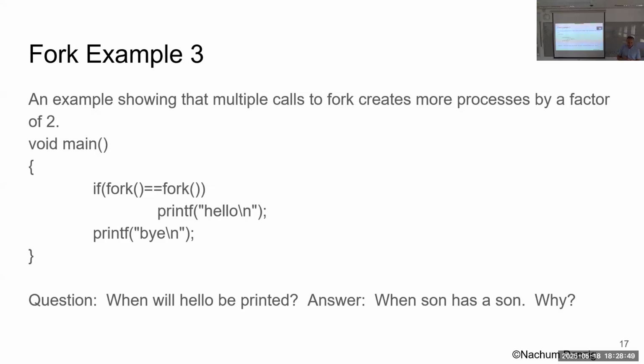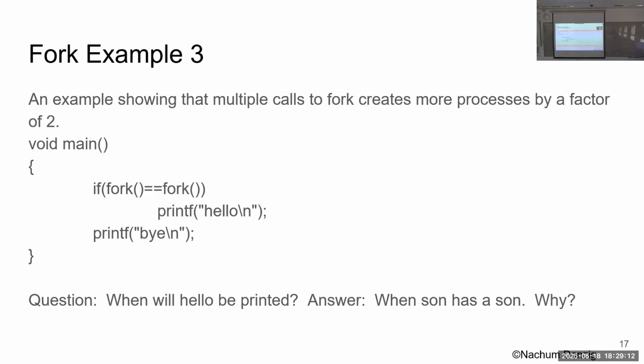Here's the child, he gets his child's PID. Exactly, that's what I wrote here. Why would you get a zero? Why would they both get zero? In the first fork, there's only two processes, and one has zero.